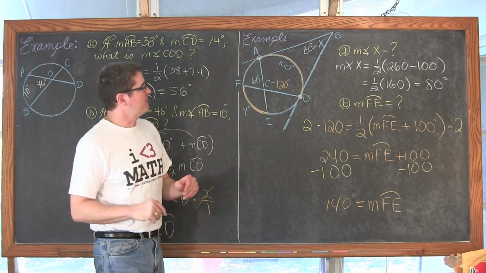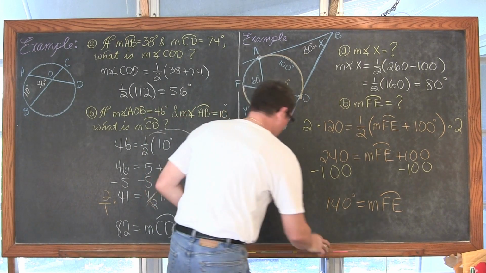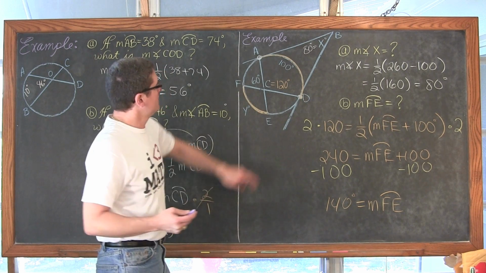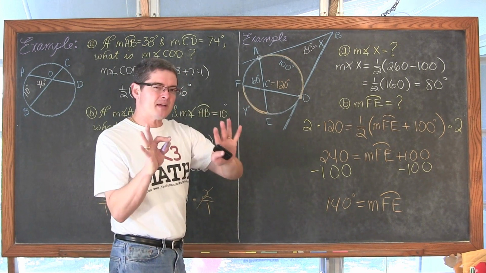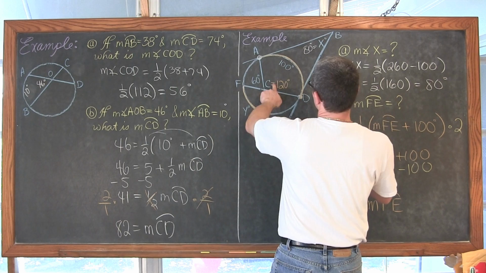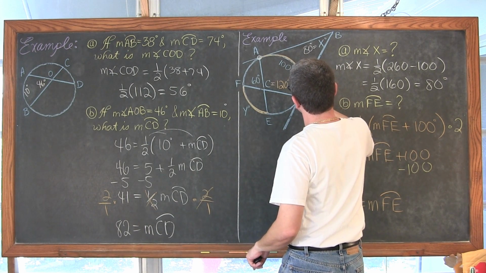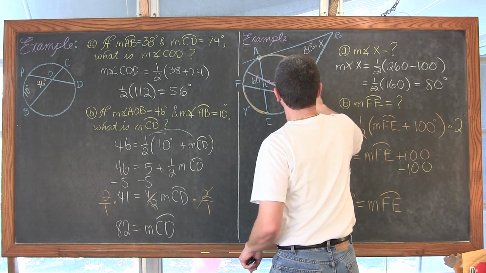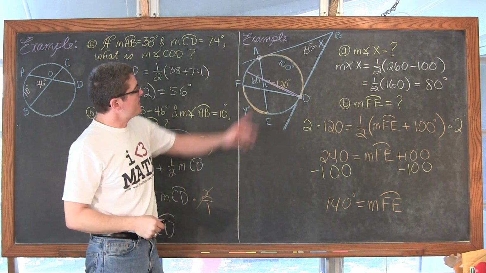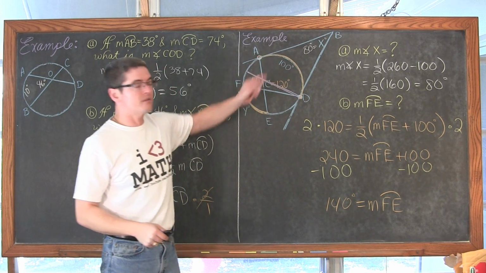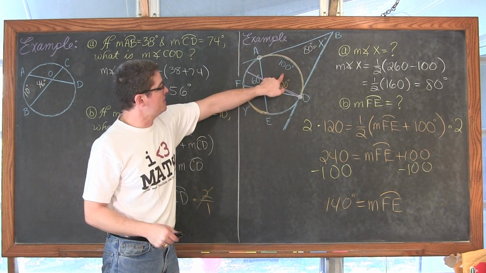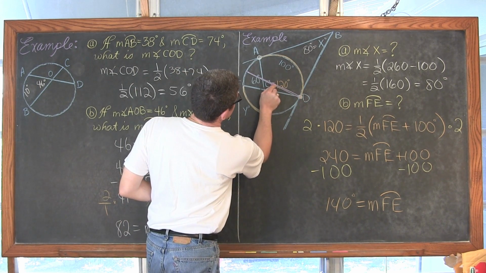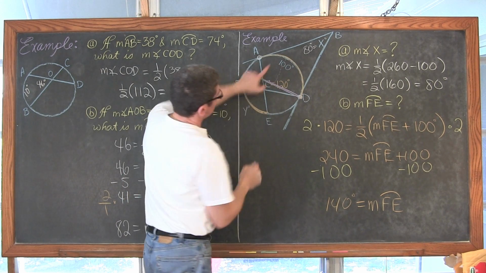Before I go on to the next screen, I just want you to keep your mind open to perspective and how things should look. If I go from this point and do my best to draw a diameter through the circle, somewhere around there, you can see that this original arc that I marked off as being 100 degrees, well, if this is the diameter, 100 degrees would be just a little bit more than 90.